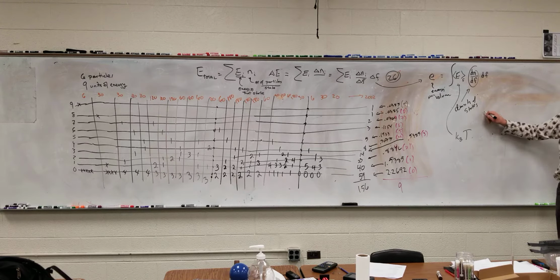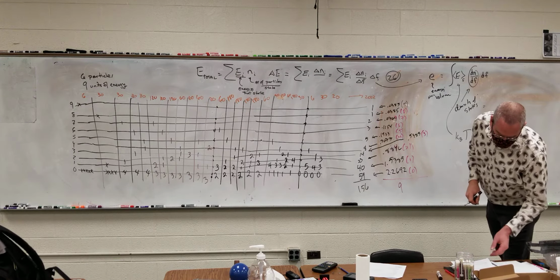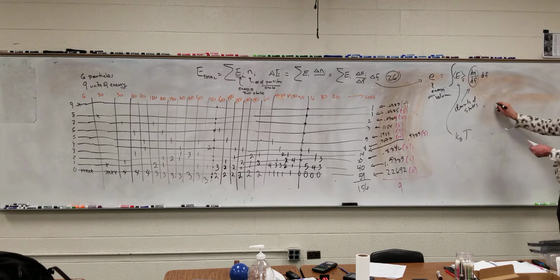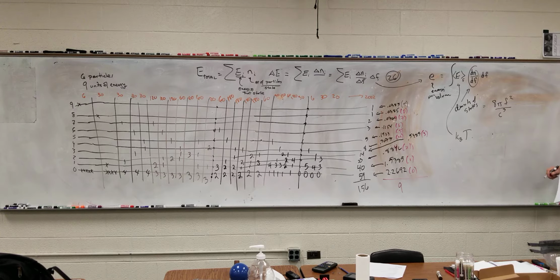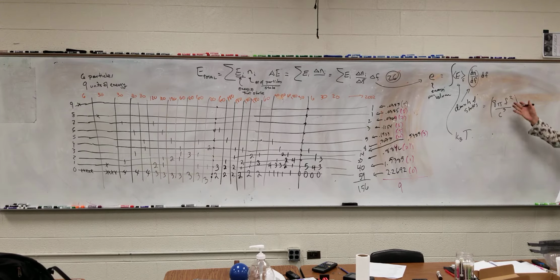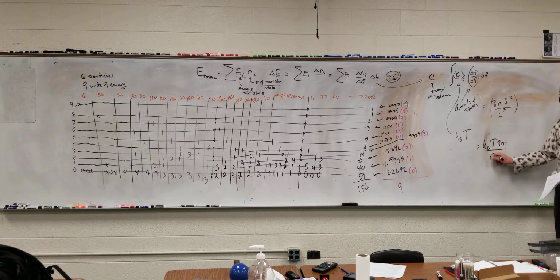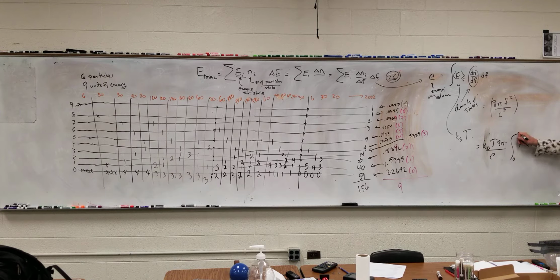The density of states here is equal to, and I do not have that fraction memorized, 8 pi frequency squared over c cubed. So I'm going to pull constants out front. This is equal to the integral of kB T, 8 pi, c cubed, and I'm left with f squared df from 0 to some final frequency.